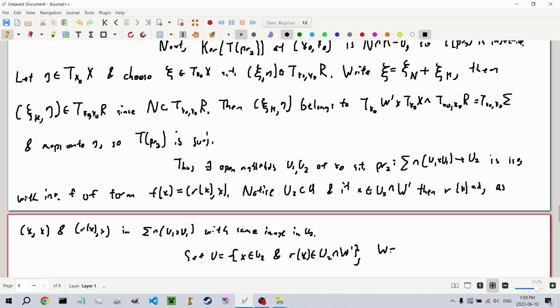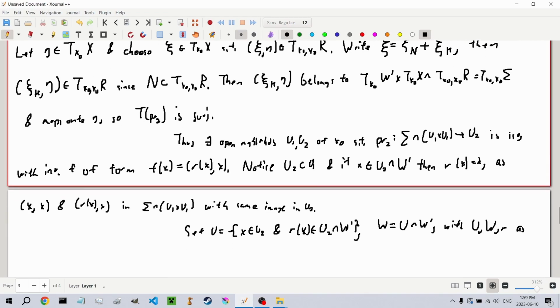And we're going to set W to be the intersection of U and W prime. Then U, W, and r are as in the lemma.